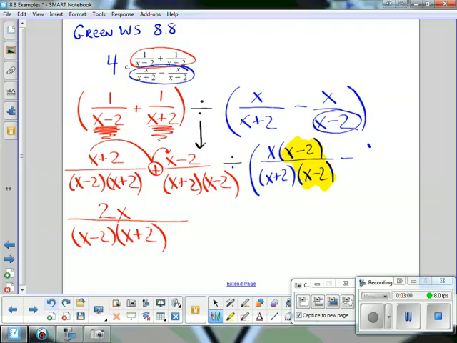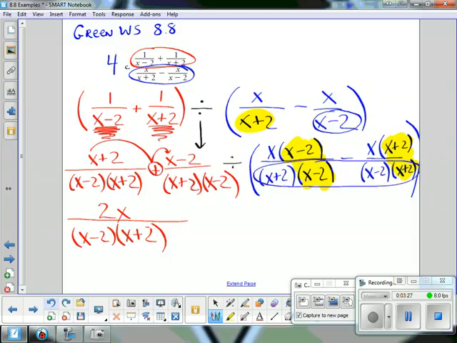Minus this x in the numerator will be joined by this x plus 2, because we're looking for that common denominator again. You may hear this called, as you move forward in math, a fancy form of 1, x plus 2 over x plus 2. So you're doing that to get this common denominator here, so that we can subtract.